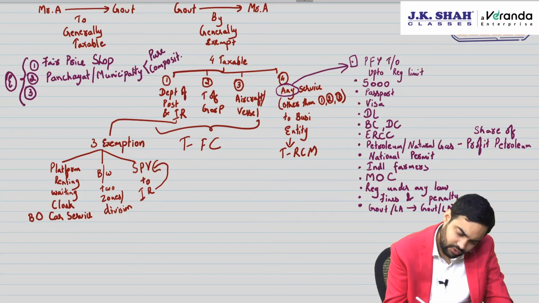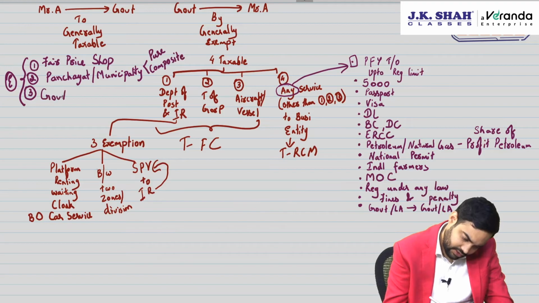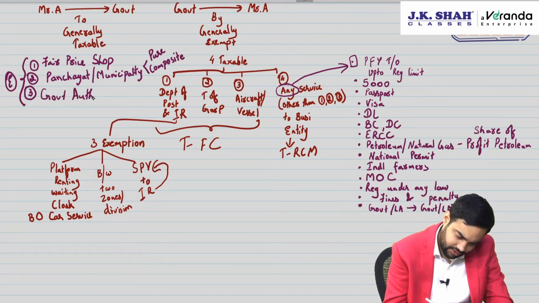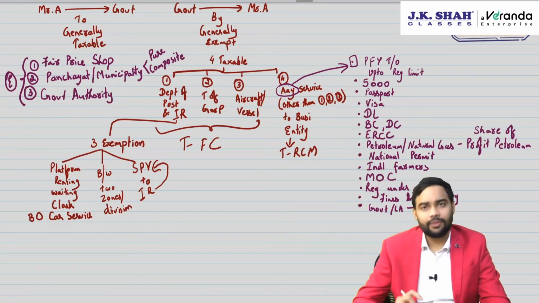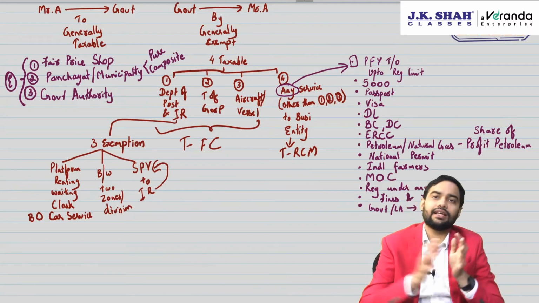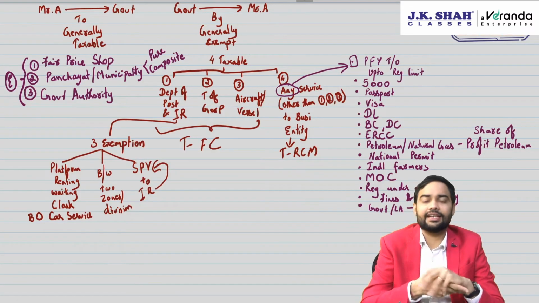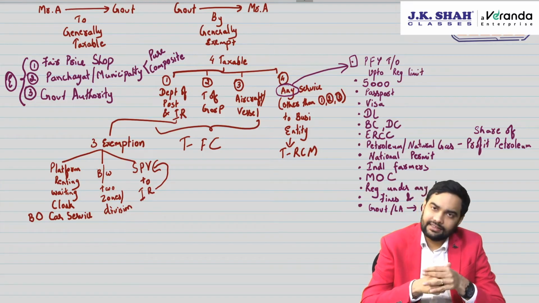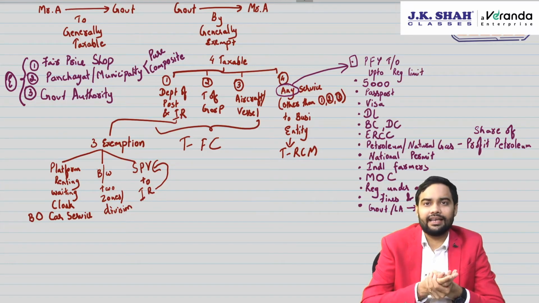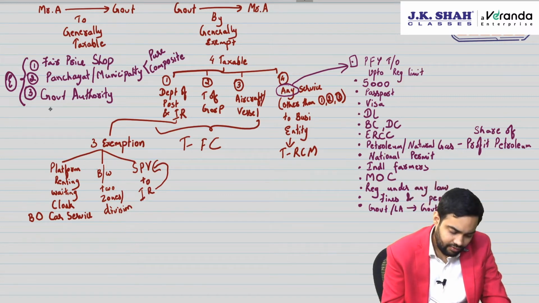Composite service where goods element does not exceed 25%. And then governmental authority. Say suppose there's a governmental authority which is doing a function under 243G, that too function of public health, slum improvement, rehabilitation. Then you have health, public health, which is there, sanitation, conservancy, and then water supply. So all these functions, any service given to governmental authority will be exempt.